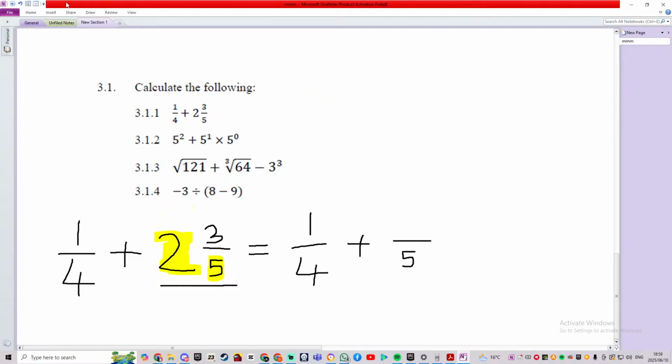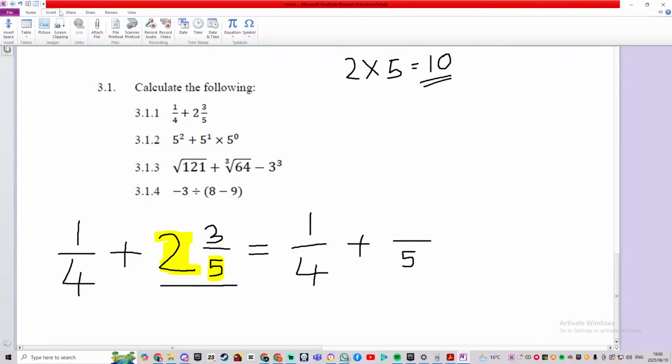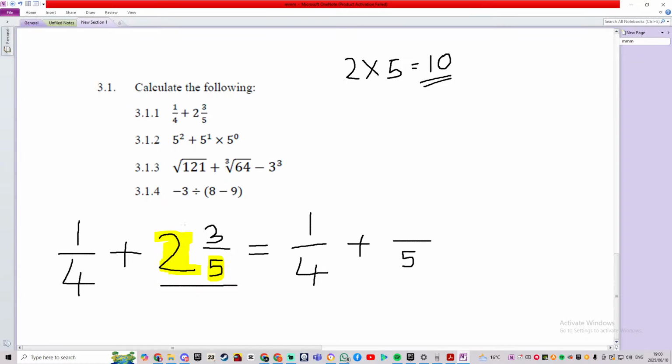So 2 times 5 equals 10. Then you add the 3 that was on the top. So then it is 13. So we have 1 over 4 plus 13 over 5.